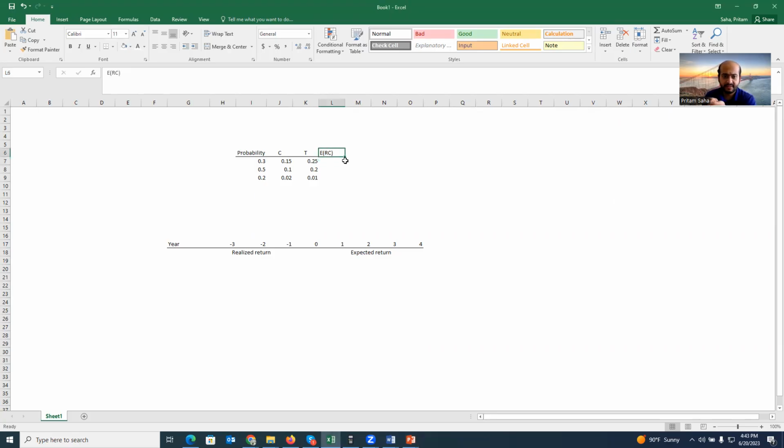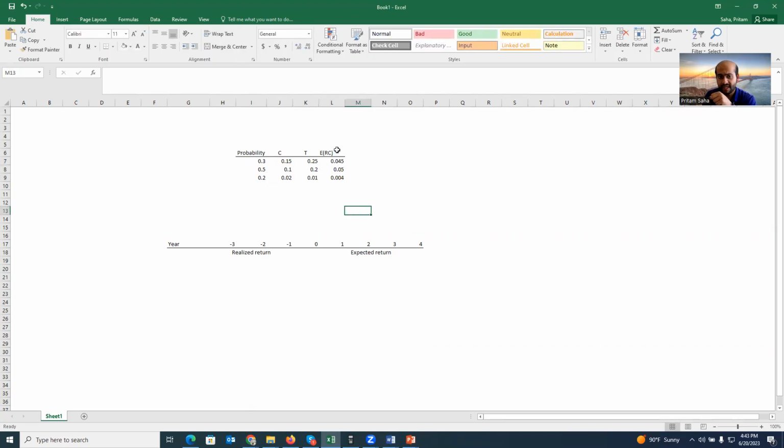So in that case, probability of specific state of economy times return of your stock. So now we're doing C. So return of stock C on that economy, right? Make sense? Now if you drag, you can see that, right?